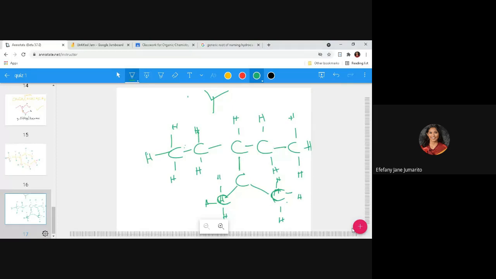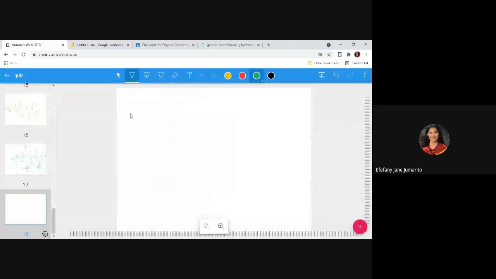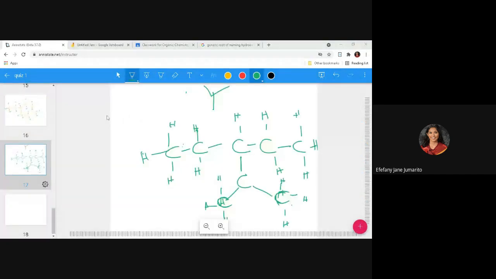Okay, the structure. So we will have that, this one. 1, 5, and then okay, kinsa naka-check?